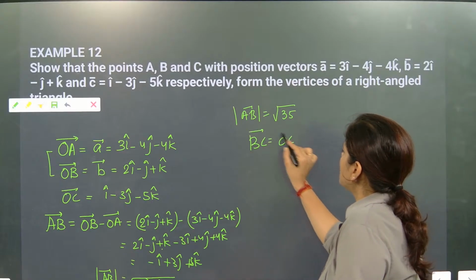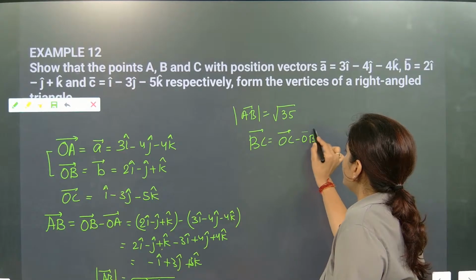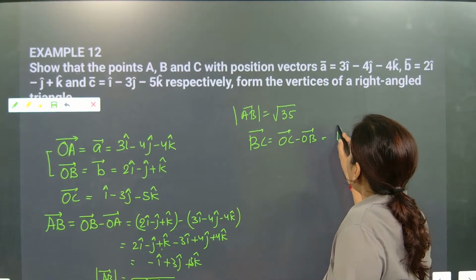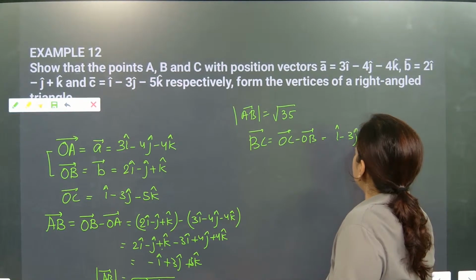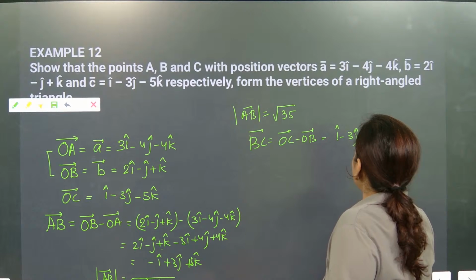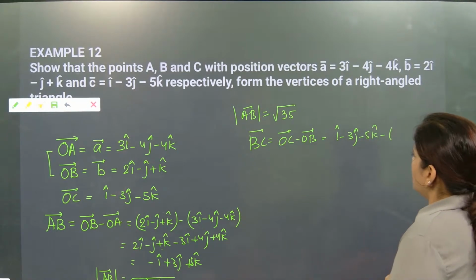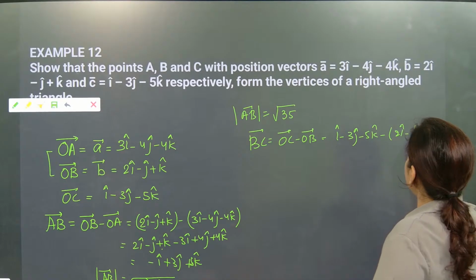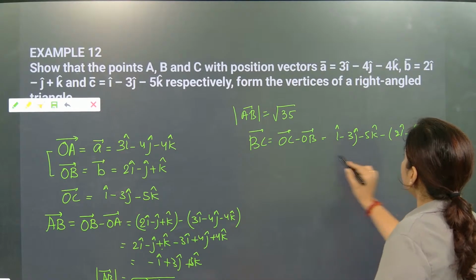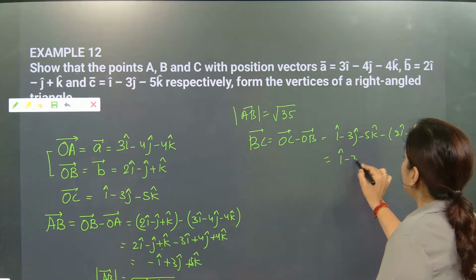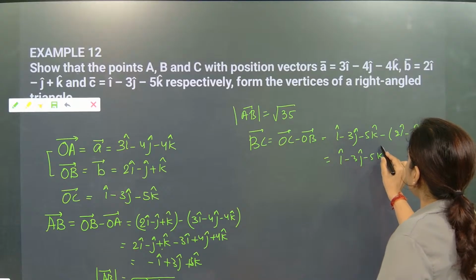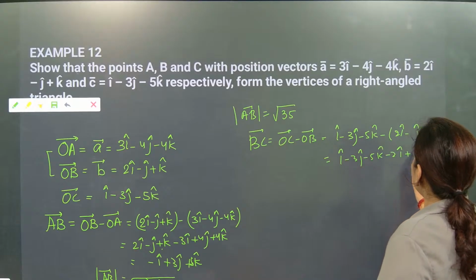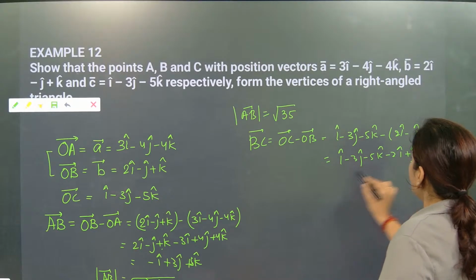BC is OC minus OB vector. What is OC, beta? i minus 3j minus 5k minus OB vector, which is 2i minus j plus k. So what answer is coming? i minus 3j minus 5k minus 2i plus j minus k. How much is it coming, beta?